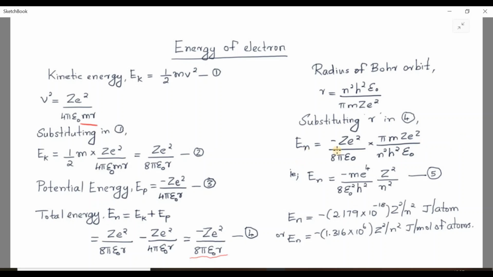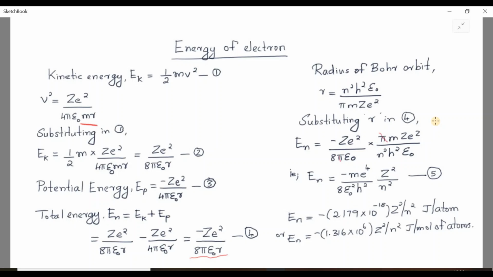Then we get En is equal to minus z square by 8 pi epsilon naught into the value of r. R is in the denominator. So when we substitute it, we get pi m z e square by n square h square epsilon naught. Pi will get cancelled off.